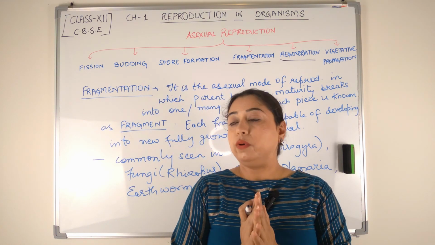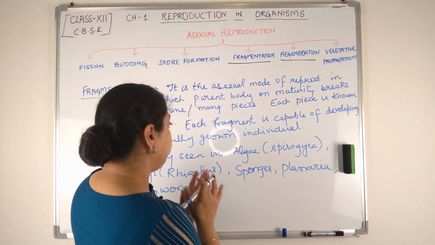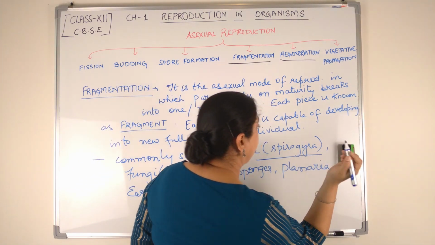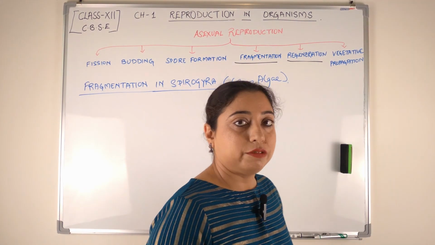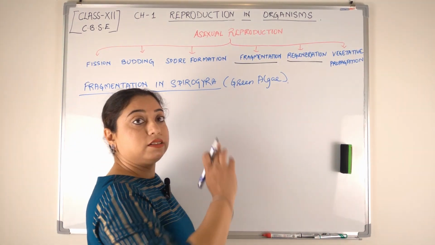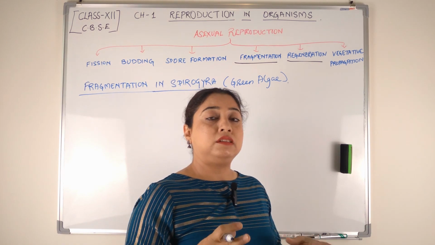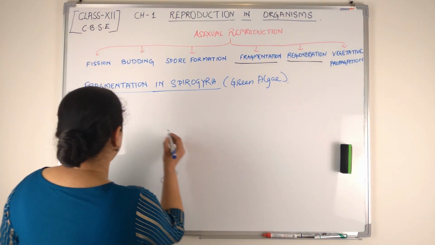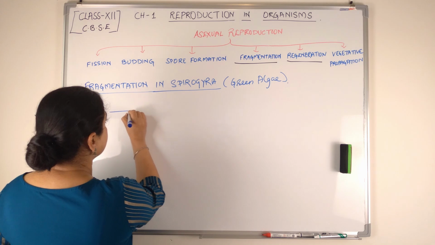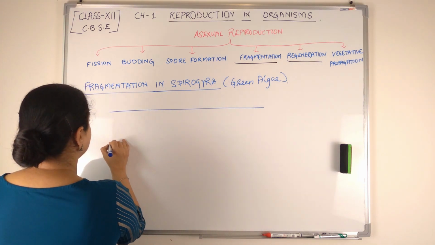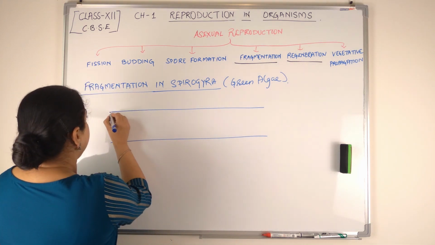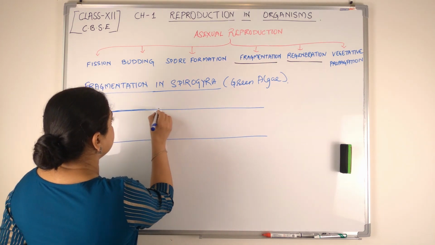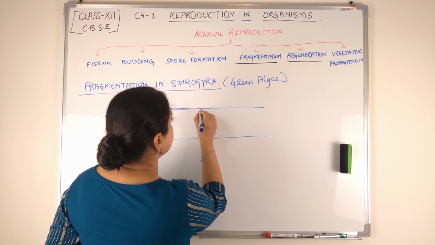Now we are going to talk about fragmentation in Spirogyra in detail. Let's draw the diagram of Spirogyra first. As you know, Spirogyra is a green algae and it has a filamented body, so it looks like this. Externally, it is covered by a mucilaginous sheath.